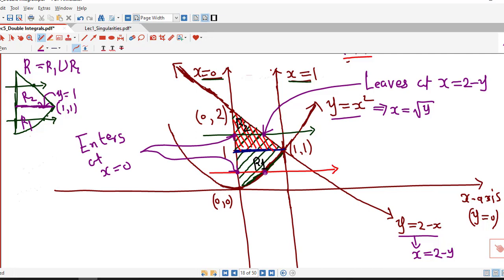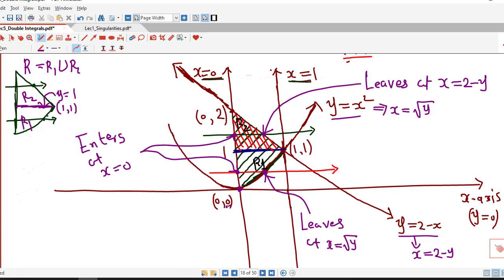So here we will write that this line leaves at x equal to square root of y, because x is positive on the right hand side of the y axis. We are not considering x equal to negative of square root of y.